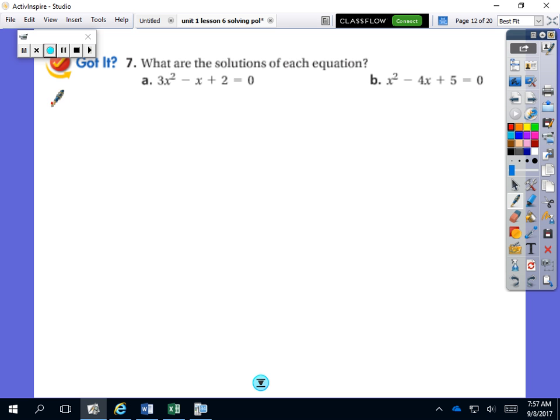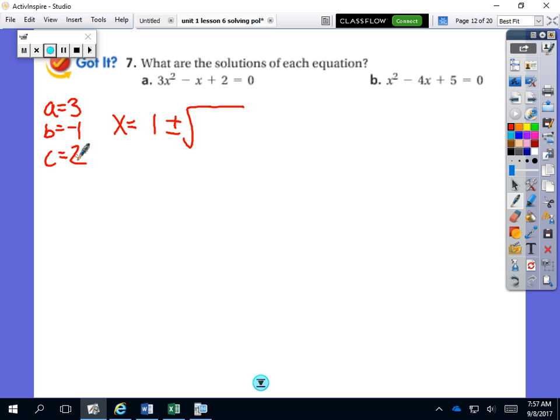This one, you have A is 3, B is negative 1, C is 2. So x equals negative of negative 1, which is 1, plus or minus, and negative 1 squared is 1, minus 4 times 2 times 3, minus 24.